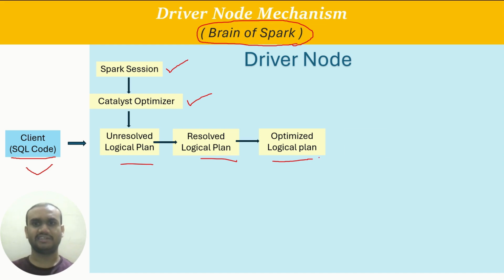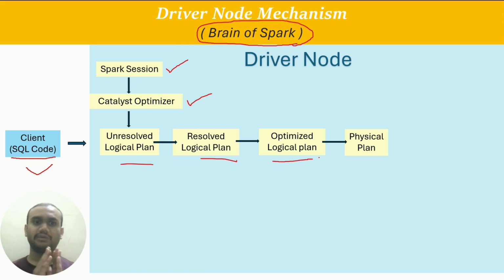Once this is ready, it will create the physical plan. The physical plan is the actual code which is going to be executed inside Spark. What we were discussing before was theoretical: this can be executed here, or one, two, three can be the sequence, or this can be parallel.